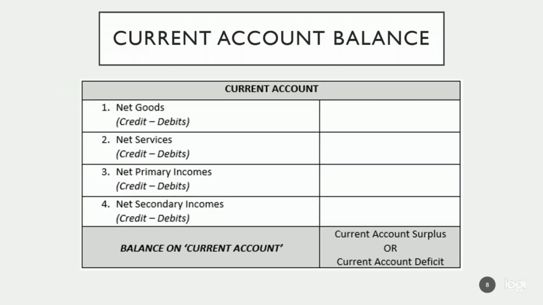So once you gather all your inflows and outflows and you put them in their proper category, what you're able to see is a nice summary that occurs in the current account. So for example, let's just make hypothetical numbers here.